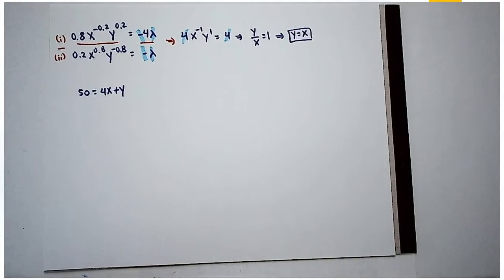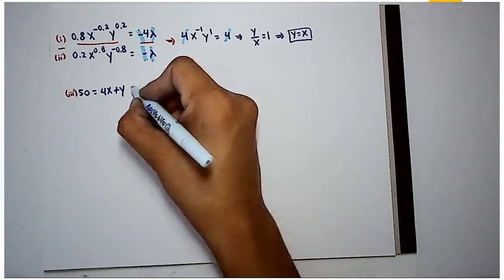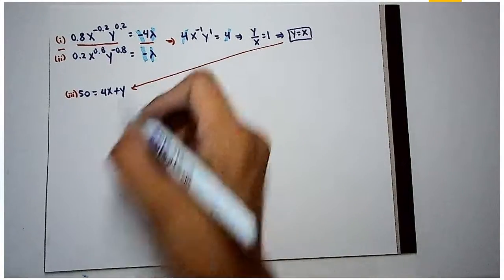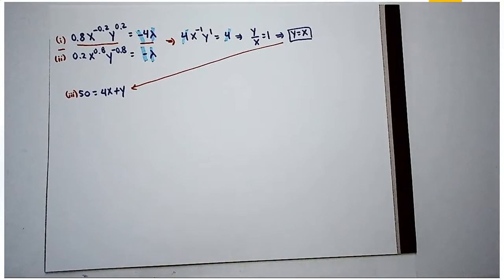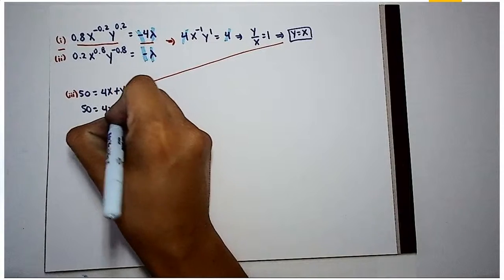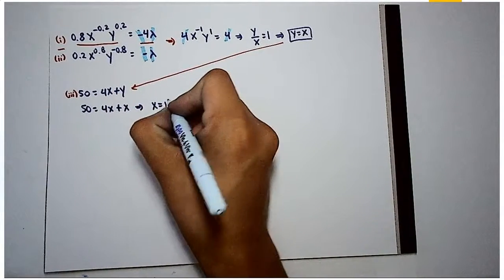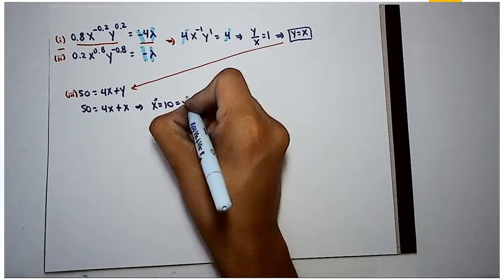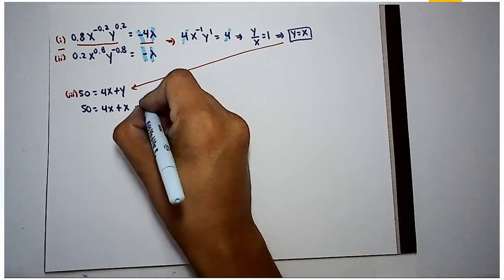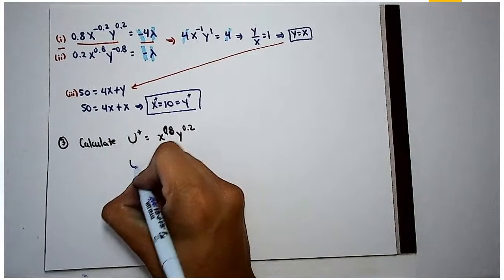And we replace it in the third equation. So this is 50 equals 4x plus x. In other words, x is equal to 10, which is equal to y. And finally, we calculate the optimal utility by replacing the values of x and y.